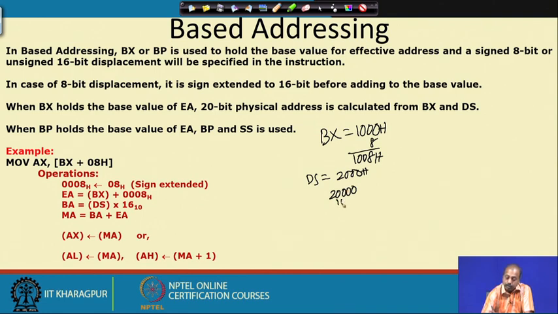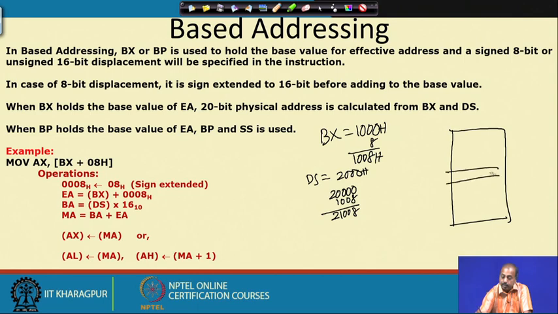With that, this 1008 will be added. So, it is 21008, and that particular memory location will be accessed. This MA equal to 21008 is the memory address.